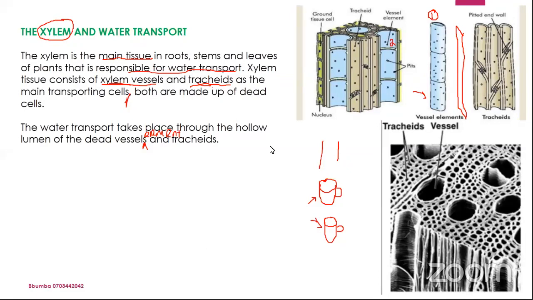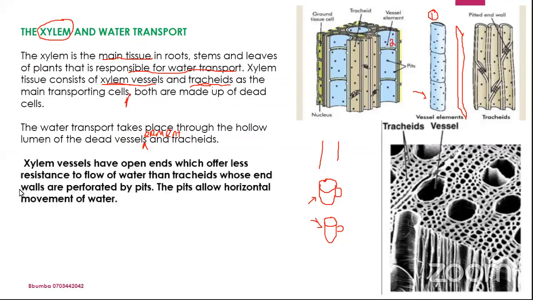You can always record. Then, xylem vessels have open ends, which offer less resistance. Let me first note this. They have open ends. So this is the vessel element here in picture one. You can see it's open-ended. It's just a boundary from one vessel element to another, but there's nothing like a barrier.